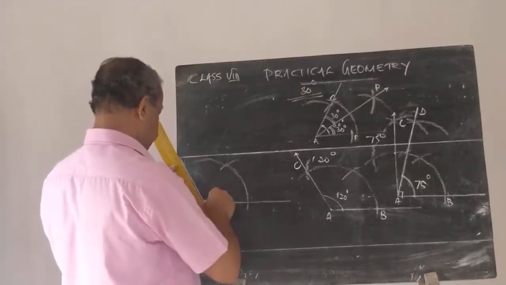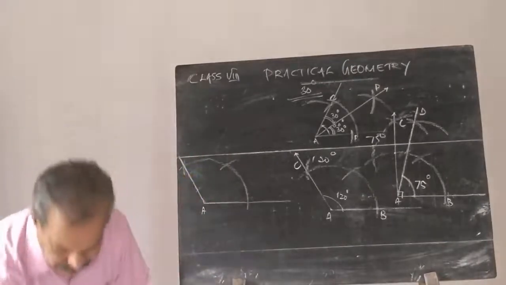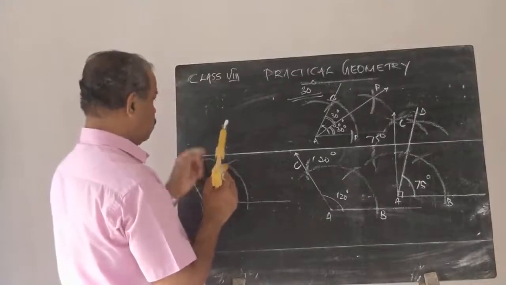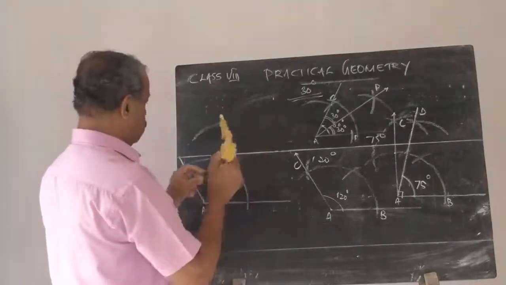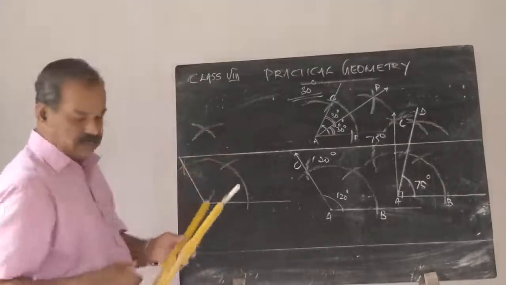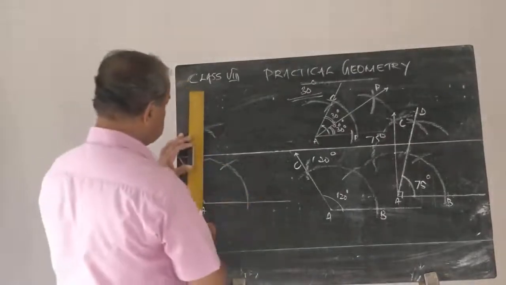So 105 means 90 plus 15. So 90, then from here, 60 to get 90. Draw the bisector of this second 60.